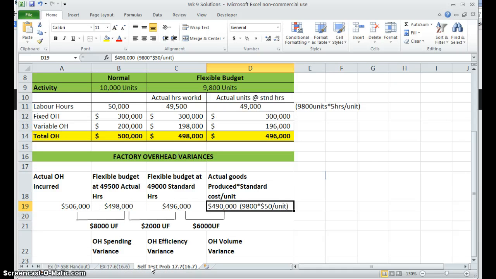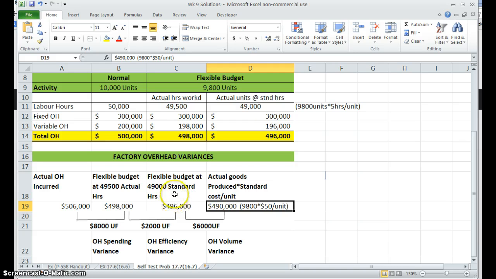Self-test problem 16.7 says actual units produced were 9,800 and the labor hours is 5 hours per unit. You multiply that and you get 49,000 standard hours. So you're going to get a flexible budget for 49,000.